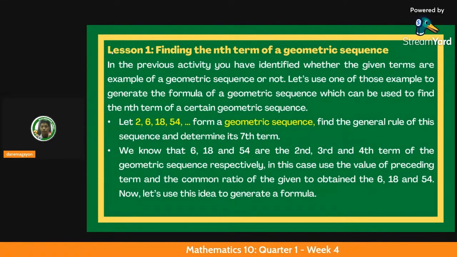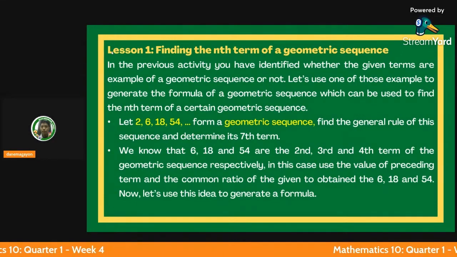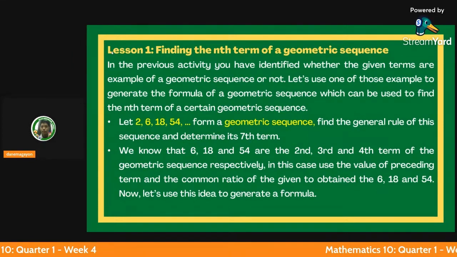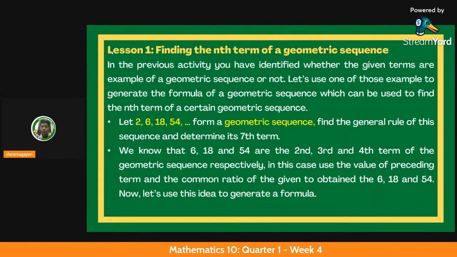So we know that 6, 18, 54 are the second, third, and fourth term of the geometric sequence respectively. In this case, use the value of the preceding term and the common ratio to obtain the values 6, 18, and 54. So now, let's use the idea to generate a formula.